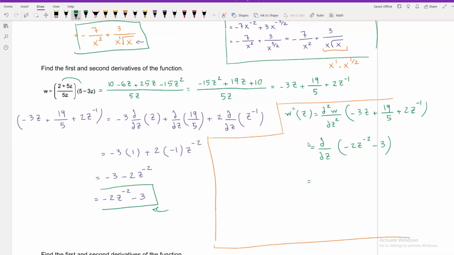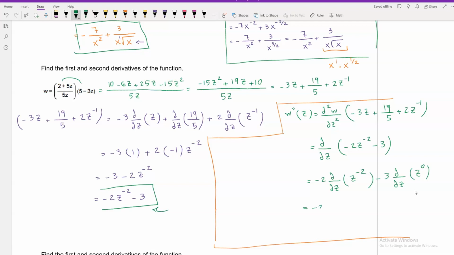So differentiate each one of these terms. So I'm writing all steps. Here, derivative of negative 3, that part is 0. But I'm writing all steps, so having 0 is the same as having negative 3 times derivative of z to the power 0.